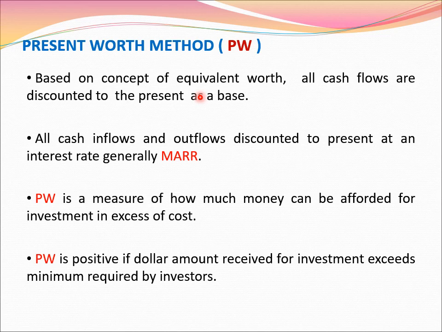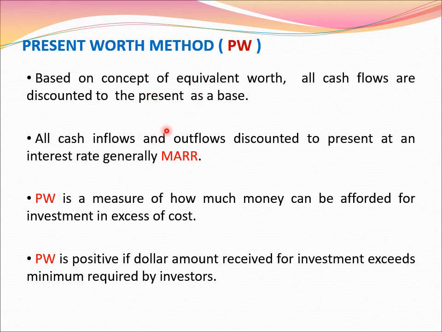So, there is a project alternative, there is a business alternative, it has a cash flow, and you want to identify if this project is beneficial, is profitable or not, so that at the end we will make a decision whether to invest in this project or not.